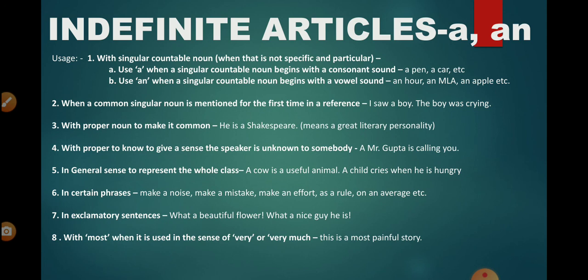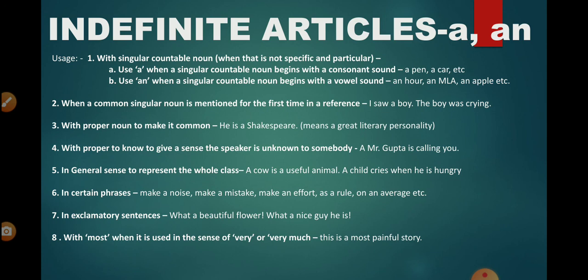In certain phrases like make noise, make a mistake, make an effort, as a rule, on an average. These are certain fixed phrases. We don't make any change with these phrases and use them as they are, having the indefinite article in them.